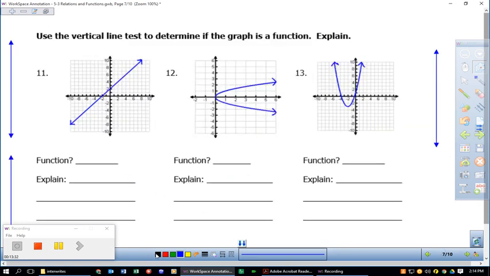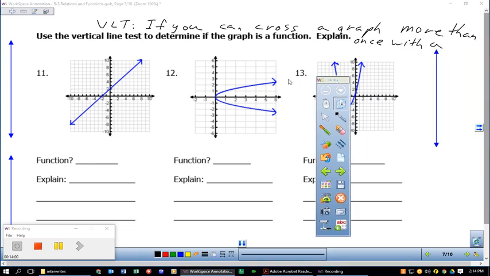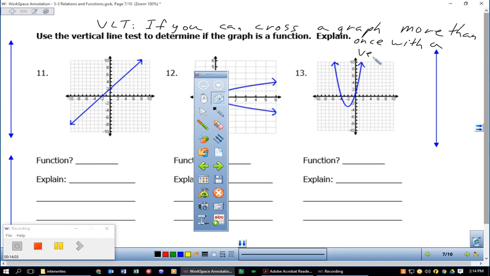Okay, now the vertical line test. What it comes down to is, if you can cross a graph more than once with a vertical line, it is not a function.